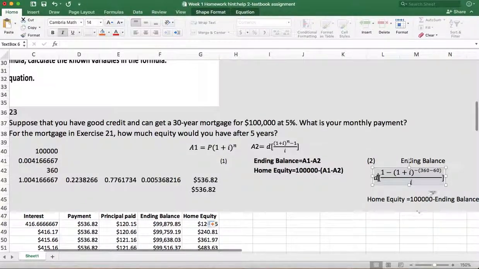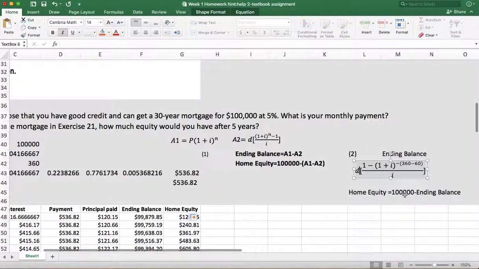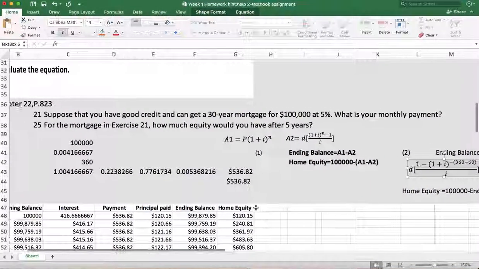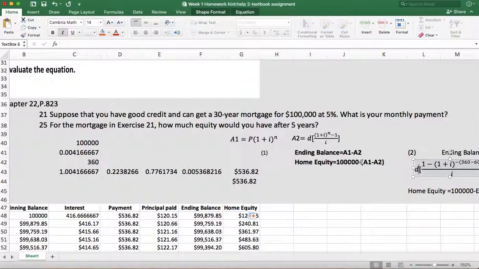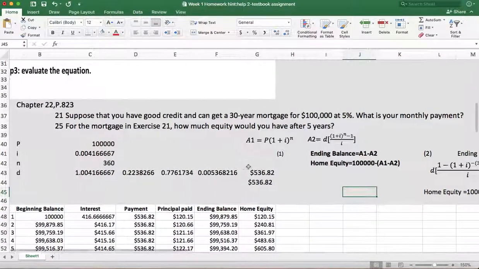So the home equity is the loan minus ending balance. These are the two maths you can use to calculate the home equity.